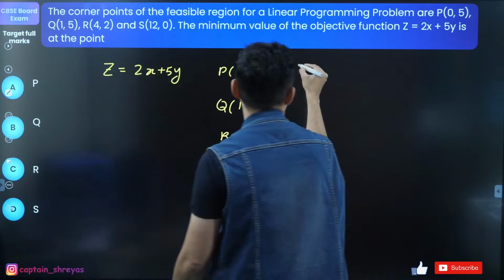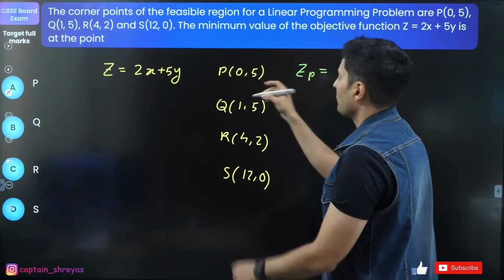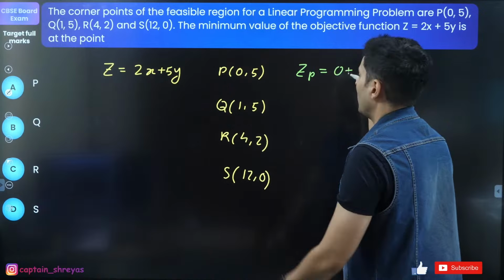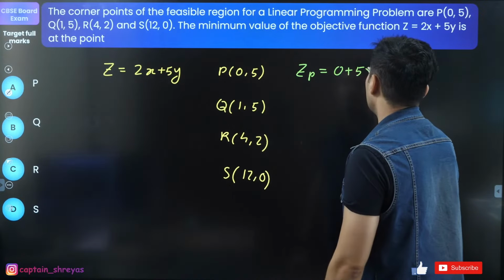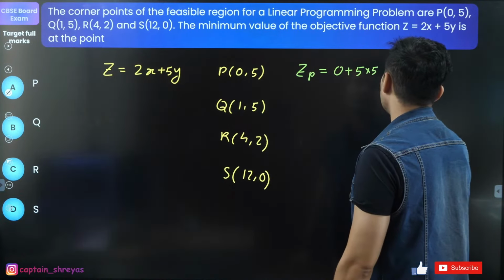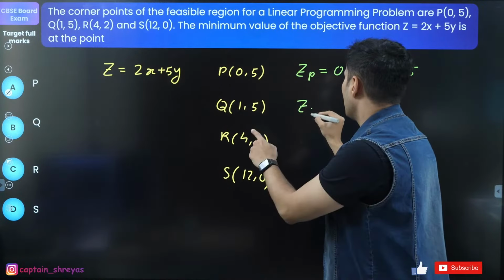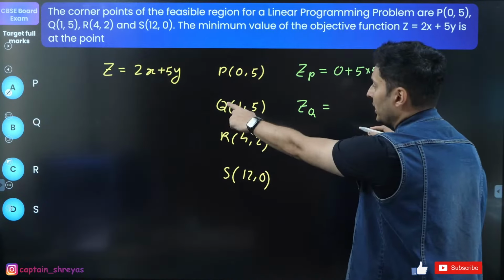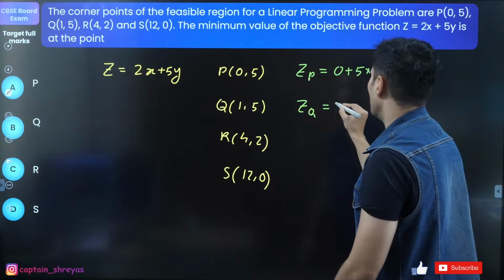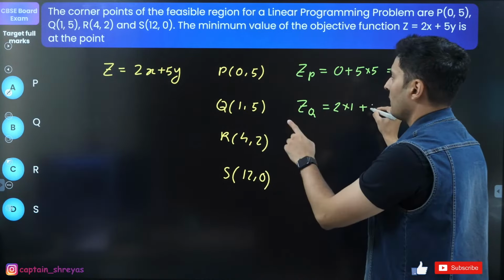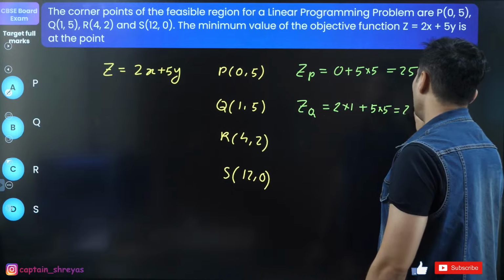So in the first case, Z at P will become 0 into 2 plus 5 into 5, that's going to make it 25. The value of Z using the coordinates of the corner point Q will be 2 into 1 plus 5 into 5, which is going to be 27.